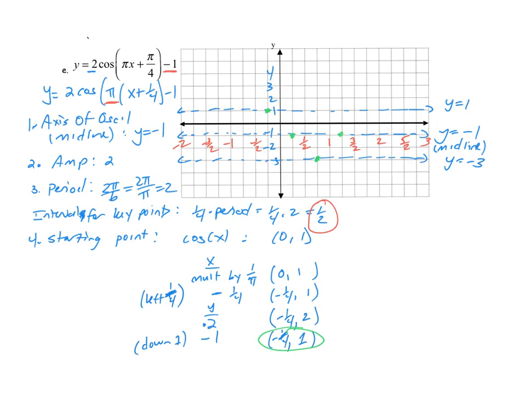And then we can continue on with this pattern, moving 2 squares horizontally and then to the next key point, either midline, minimum, or maximum. So I'll continue putting points on. And then we can go ahead and connect these with a nice smooth curve. Make sure your corners or the turns are rounded and put arrows at the ends of the graph.